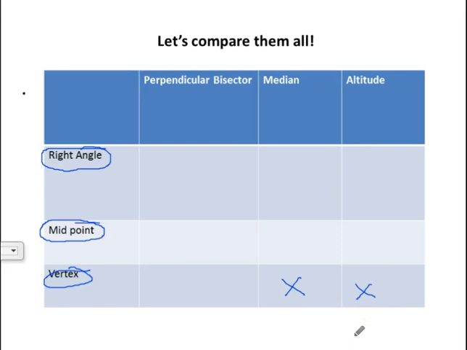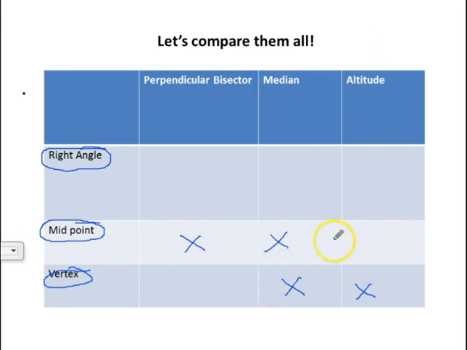Which ones intersect the opposite side at a midpoint? So which of these three, the perpendicular bisector, median, or altitude, have to intersect the side of a triangle at a midpoint? Perpendicular bisector does. It's got that term bisector in there. And median, think middle for midpoint. It's got one. And that's it.